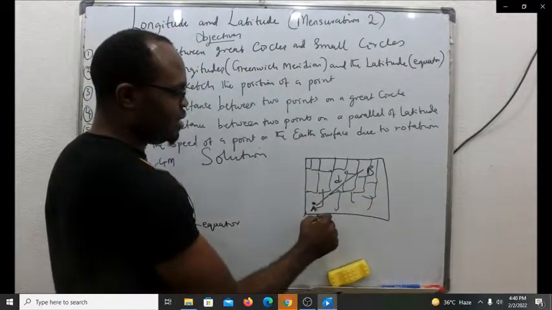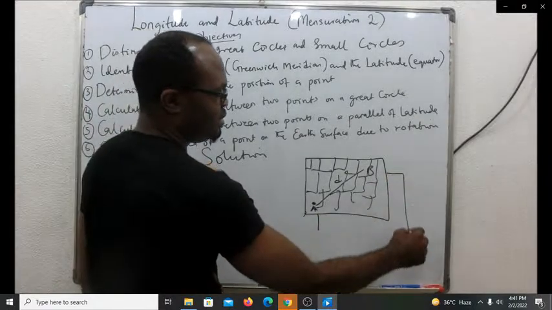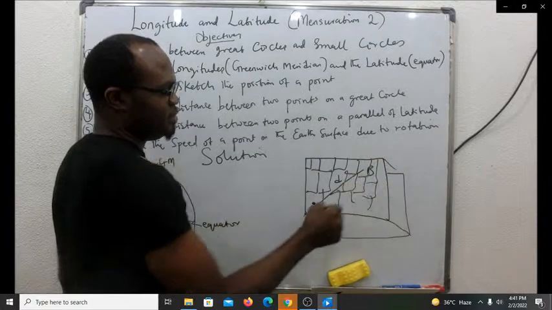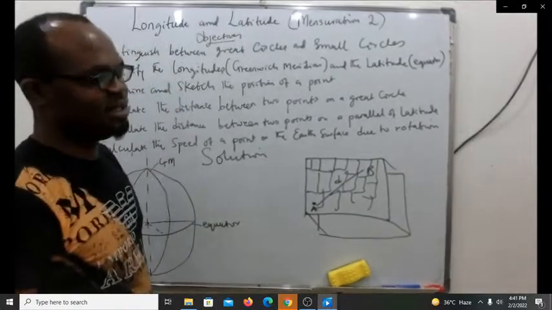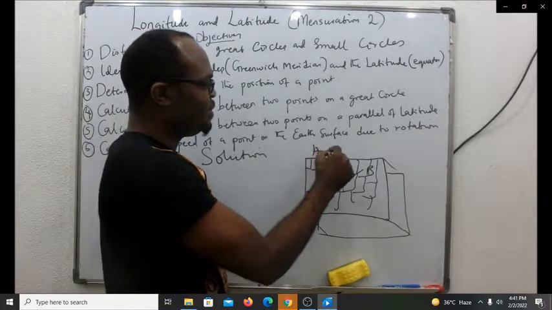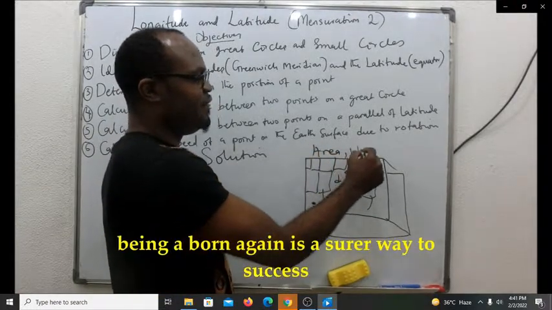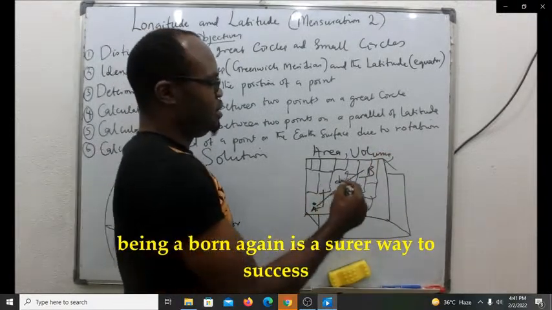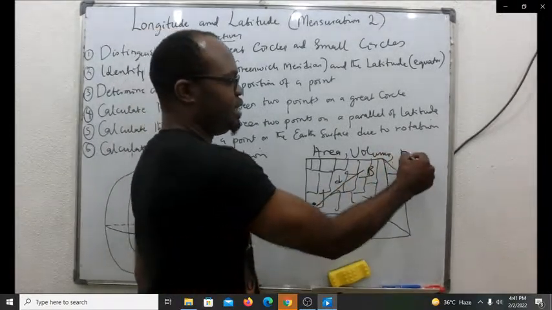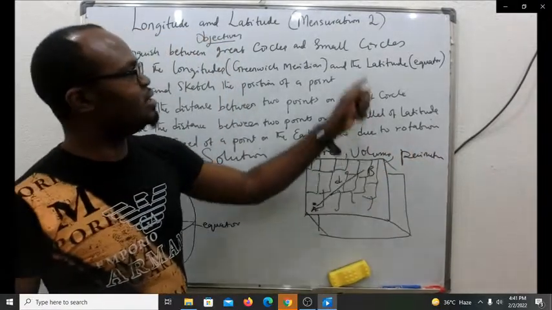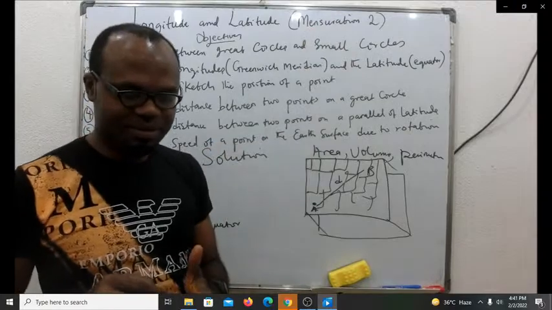Or if this object is a solid object and you want to know the volume of this object, you can study either the area, the volume, or the perimeter. You can do all these studies under Measuration.